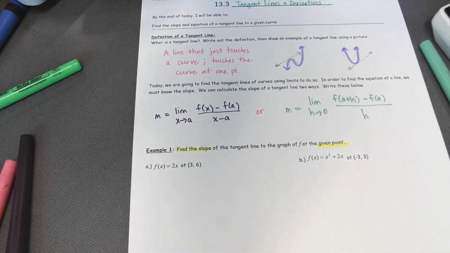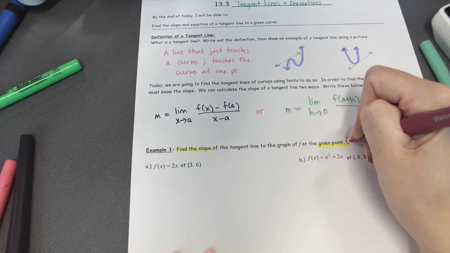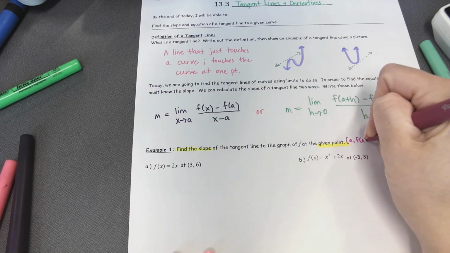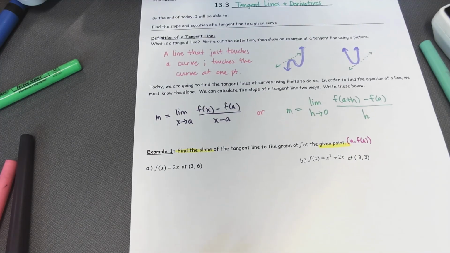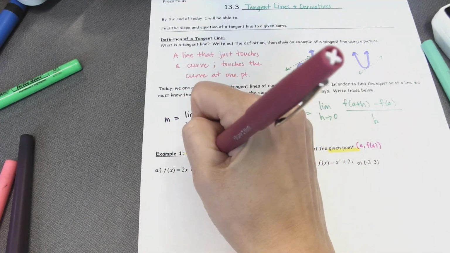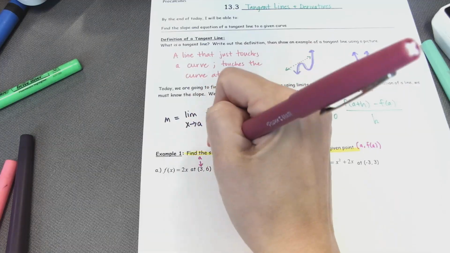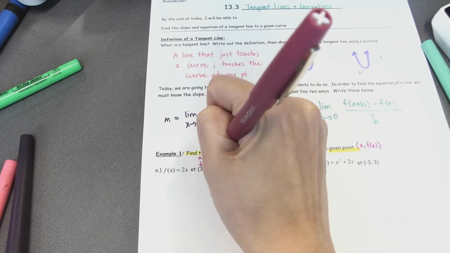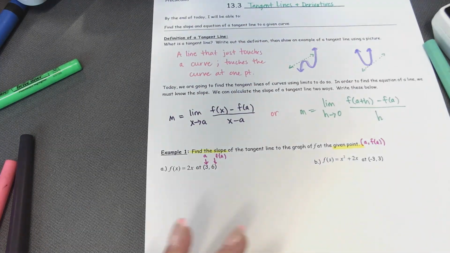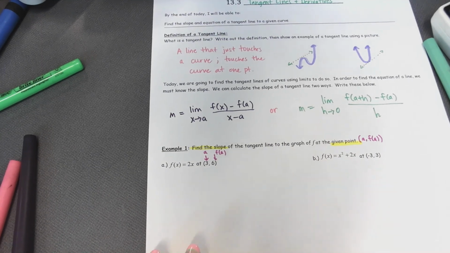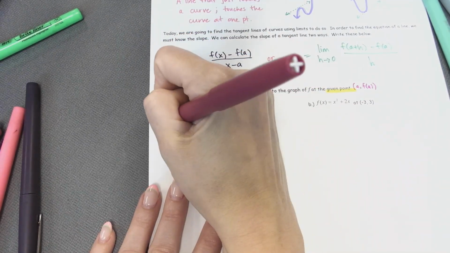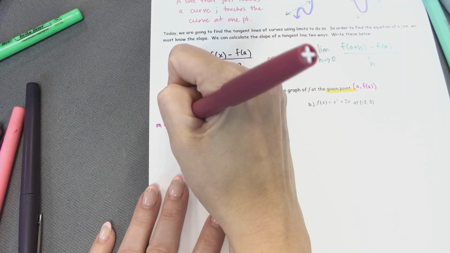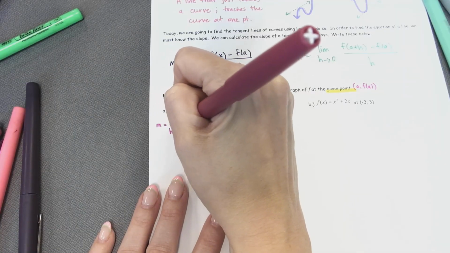So the point itself, your input value is a, your output value is f of a. Okay, so in our equation, we plug in 3 for a, we plug in 6 for f of a. And then we do have to write out the limit just like we were practicing yesterday. So the slope equals the limit as h approaches 0.